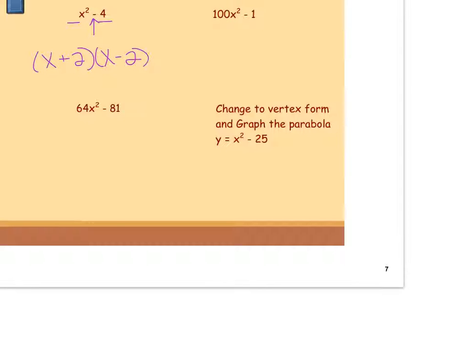That's always the result of multiplying two binomials with opposite signs. 10x squared minus 1, so it would be 10x plus 1, 10x minus 1. And when you look at my next one, 64x squared minus 81, both of those are perfect squares separated by a minus, so that's good. So I have 8x minus 9 or plus 9, doesn't matter which one goes first.